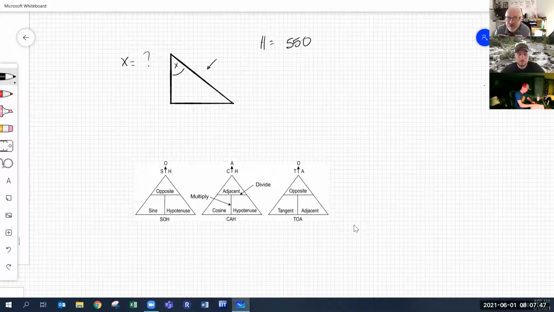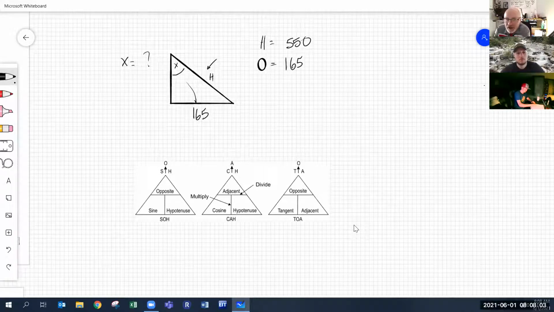This would be the side opposite. I'm going to give you the side opposite of 165.